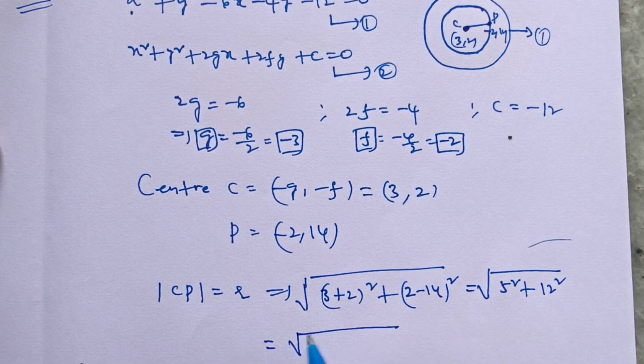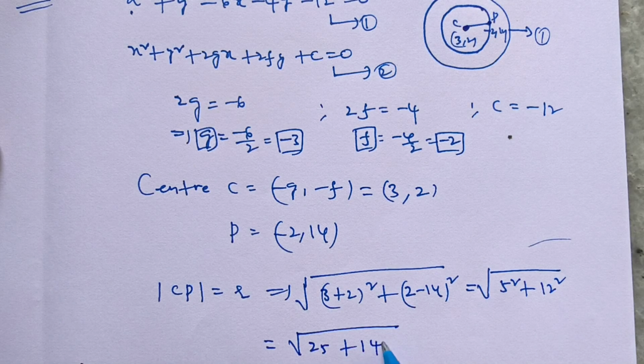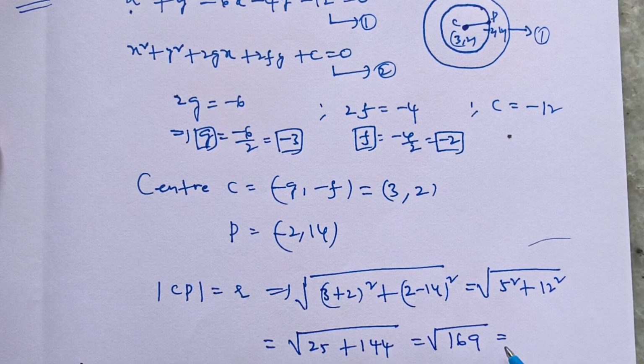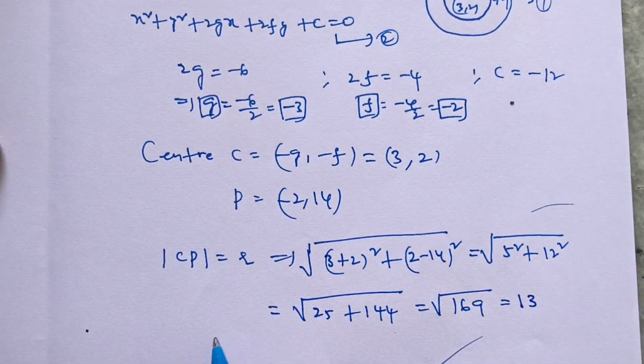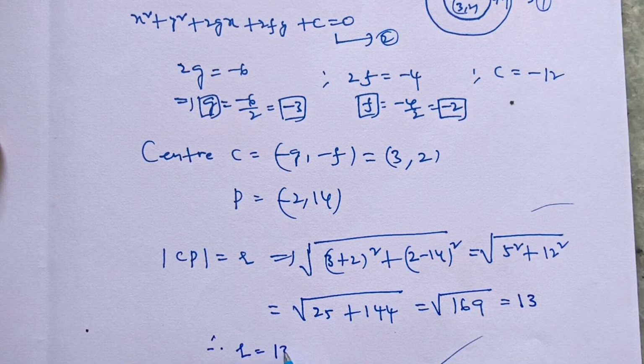By simplifying, 5 square means 25 plus 12 square means 144, which is equal to 169. The square root of 169 is 13. Therefore, radius is equal to 13.